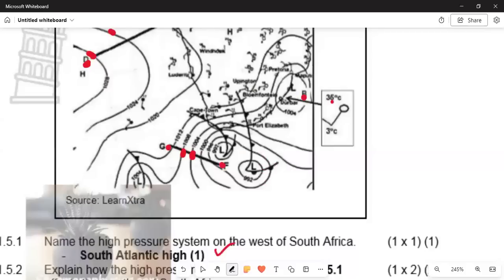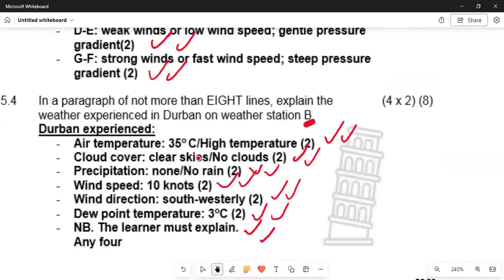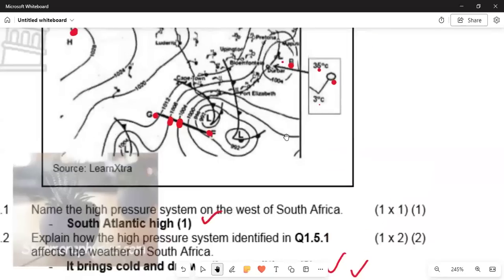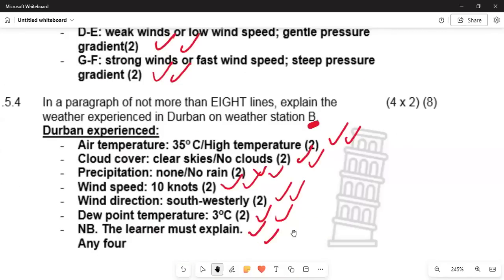The cloud cover is clear, there is no cloud, as I showed you. There is no precipitation. The wind speed is 10 knots and the wind direction is south westerly. The dew point temperature is 3, and then you need to explain that. One aspect that I missed is the wind speed and wind direction. This is the wind here, speed and westerly. So you need to ensure that you understand those aspects.